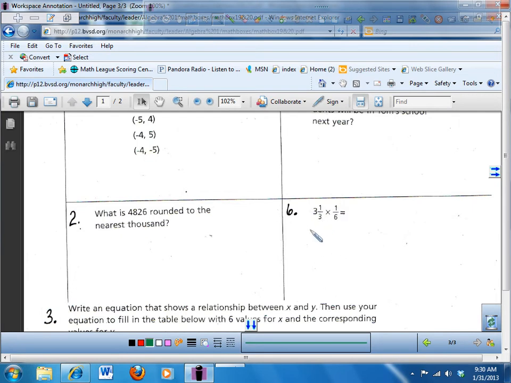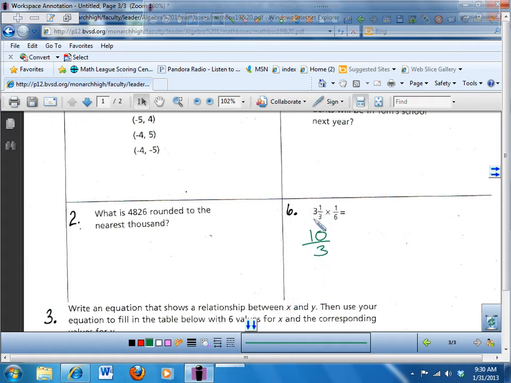Who knows how to do this? You tell me, Justin, tell me how to do it. So first you take 3 1/3 and multiply it. So first you do 3 times 3 and 9 plus 1. Good. So the first thing you do is change this to an improper fraction. 10/3, right?